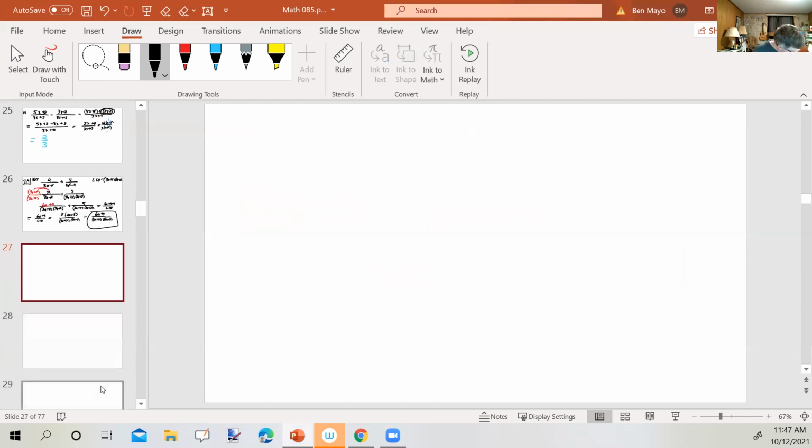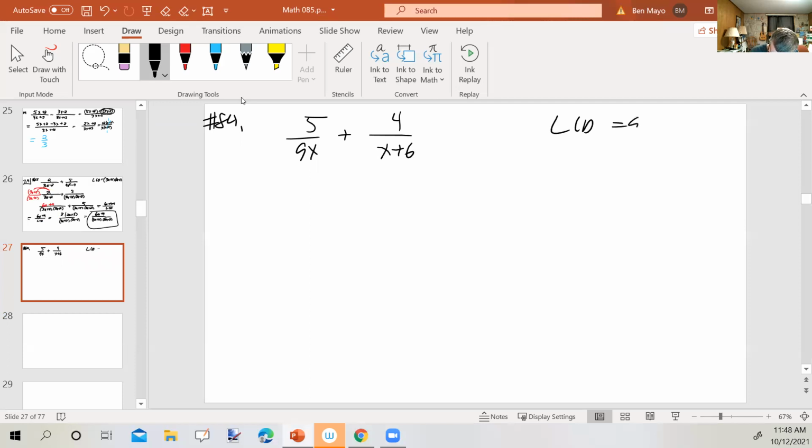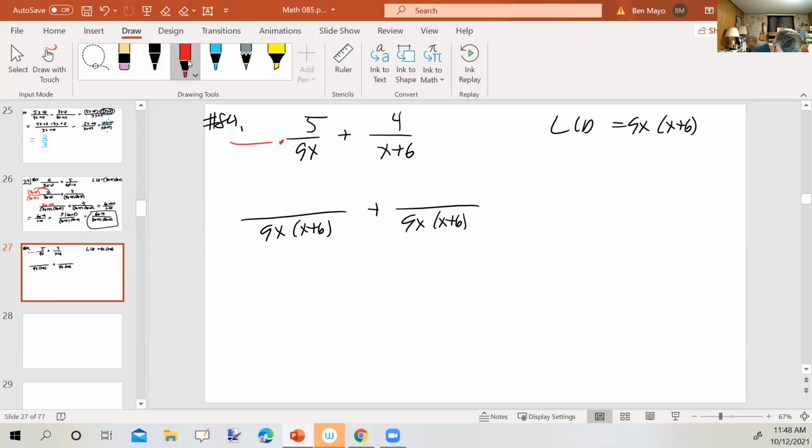How about this one? This is number 84. We have 5 over 9x plus 4 over x plus 6. Well, it turns out that the LCD is 9 times (x plus 6). So we've got to multiply the first fraction by (x plus 6) over (x plus 6), and the second fraction by 9x over 9x.